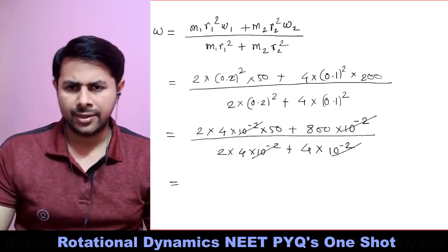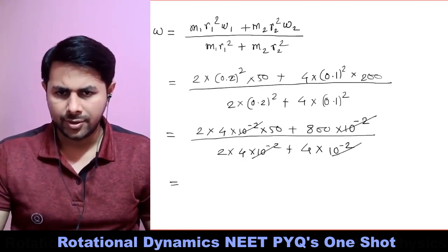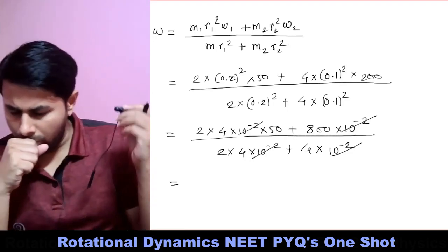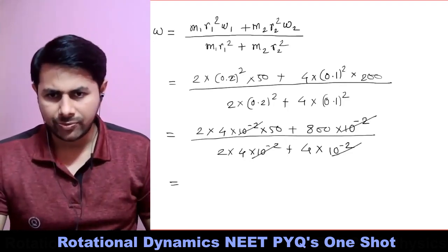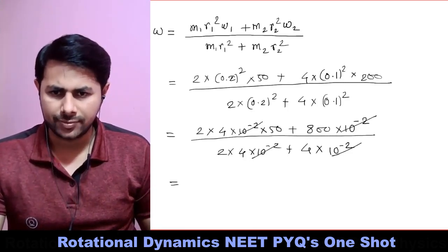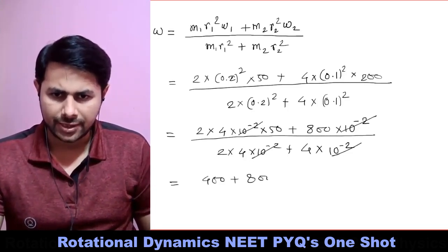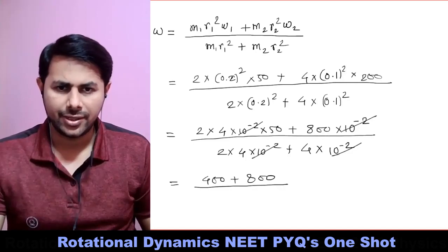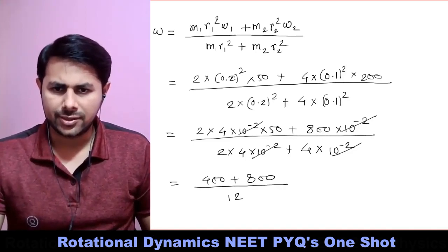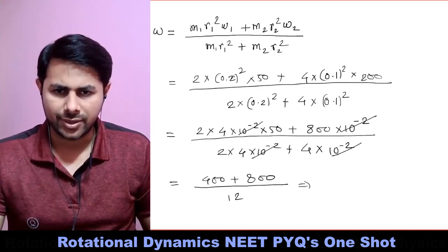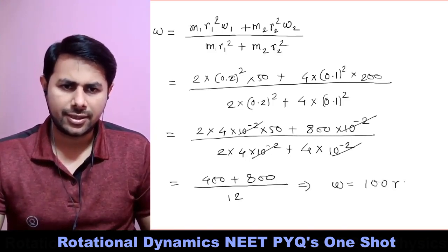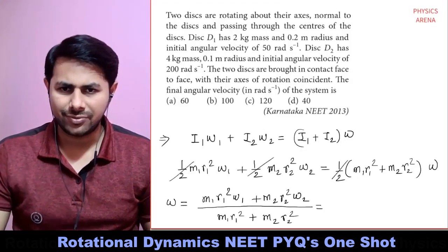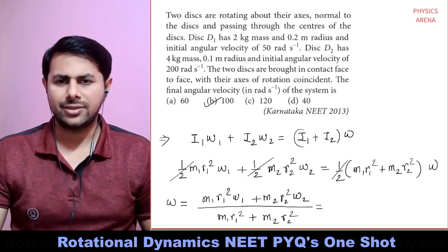Then it is just 50 times 4 is 200, 200 times 2 is 400, plus 800, divided by 4 times 2, which is 8, 8 plus 4 is 12. So it is 1200 divided by 12. Okay, so omega equals 100 radians per second should be the answer. Let's check, yes, option B is the answer, 100 radians per second.